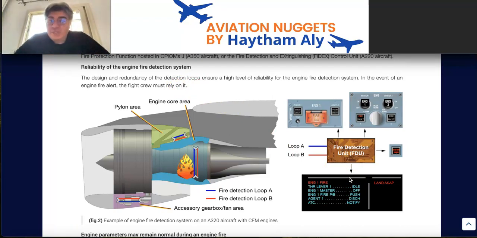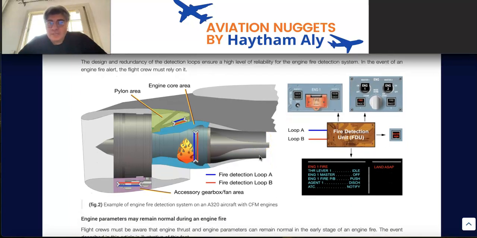Rely so much on the engine fire alert, and whenever you have the alert, do the procedure as fast as you can, immediately. Otherwise, the fire situation may become worse.